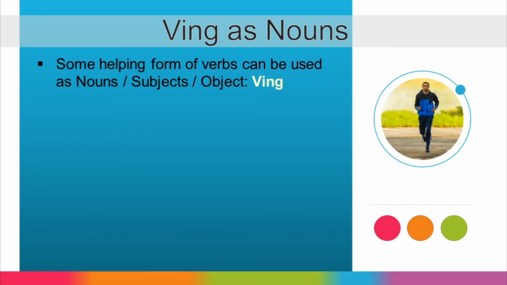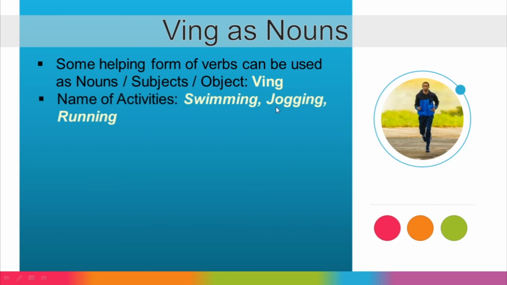Some verb forms can be used as nouns, in this case functioning as subjects or objects, the verb ing. Why do they do this? Because they are the name of activities. As we know, names are usually nouns, such as the activity of swimming, the activity of jogging, the activity of running, when we use them as a subject, as in this sentence.